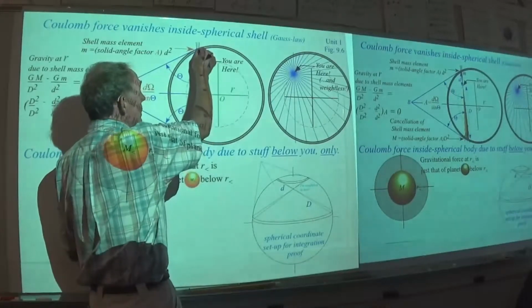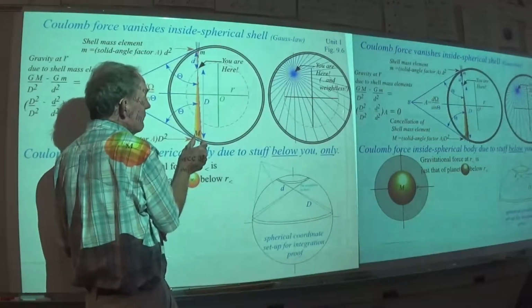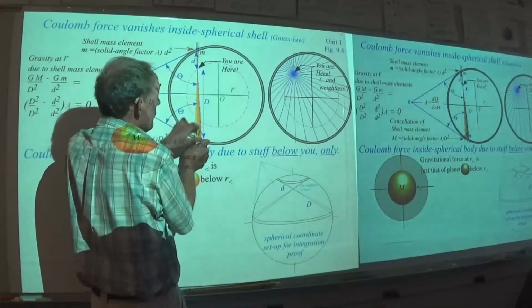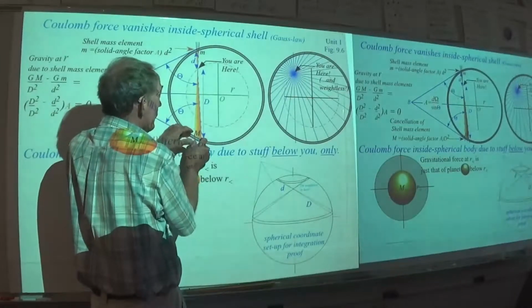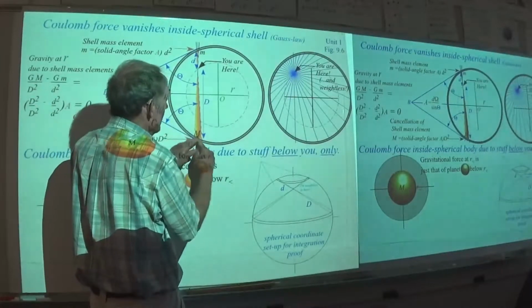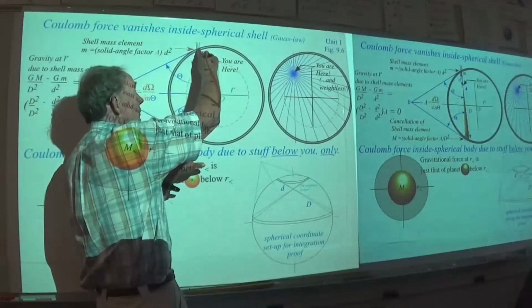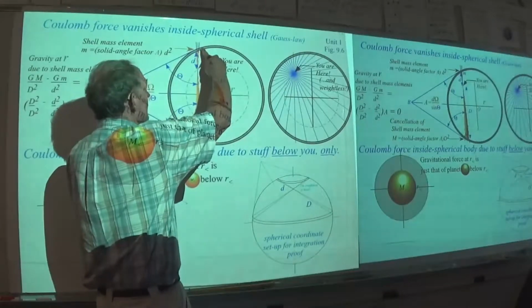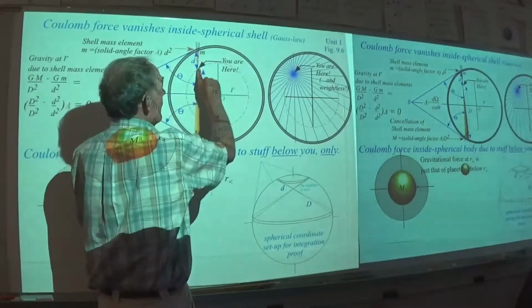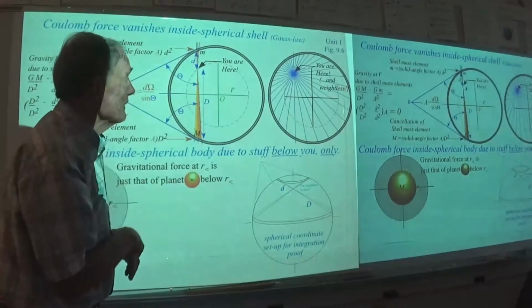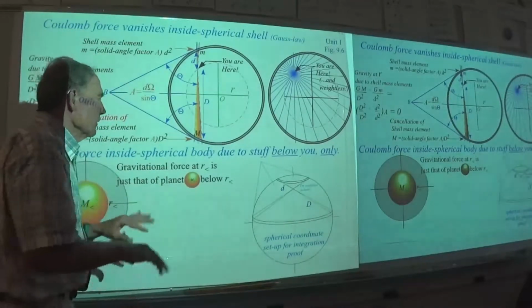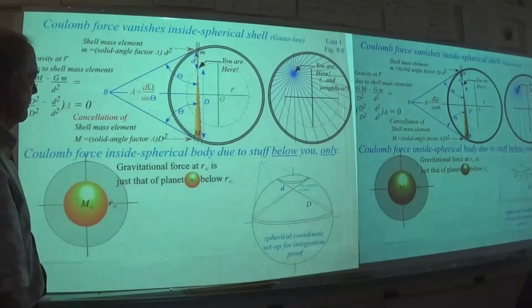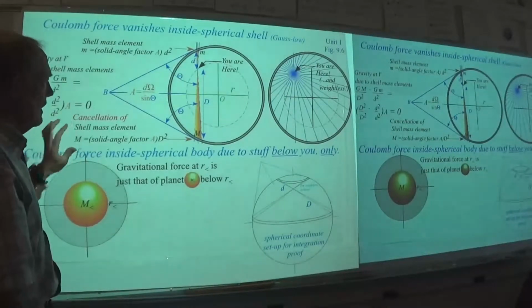So even though this is smaller than this by some proportion, so is the distance squared proportional. So this particular part right here exactly balances that little piece there if it took everything else away. But then it does the same thing for every point that's opposite that point. Okay, so that's, as I say, a hand-waving derivation of the geometrical proportional cancellation that's going on here.